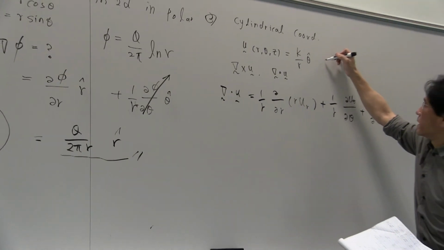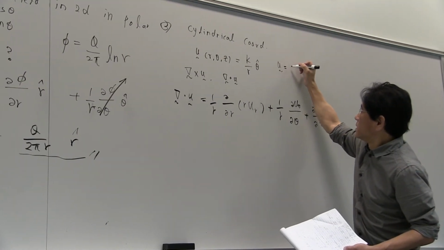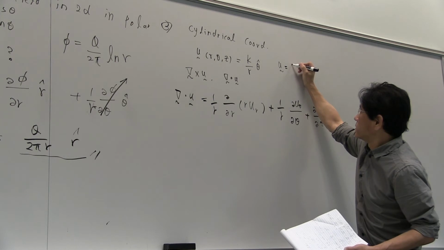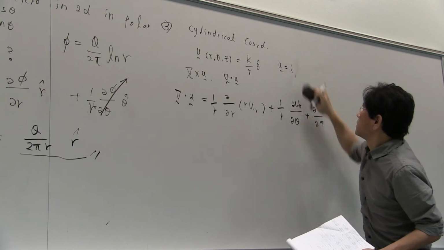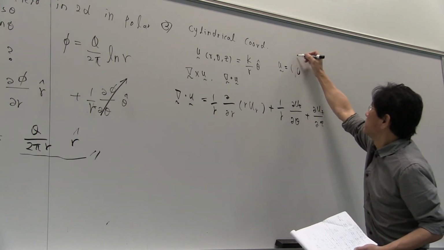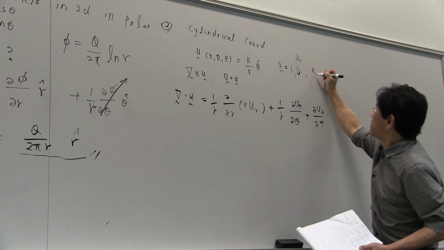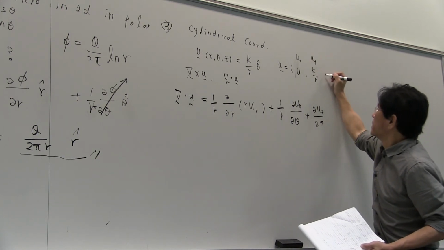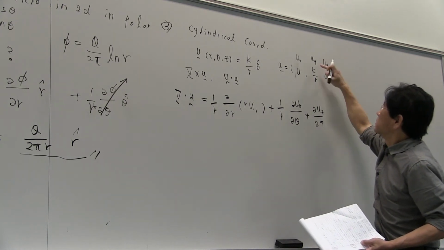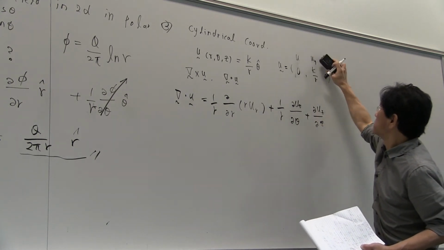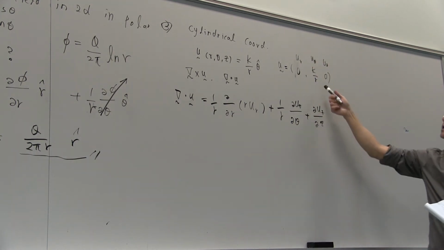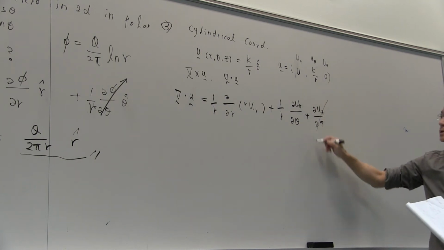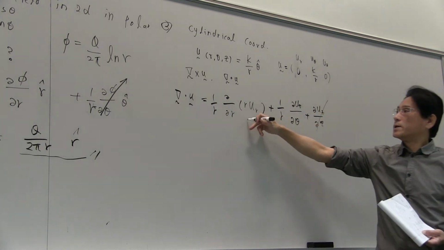So u is k over r in the theta direction, and you only have a u theta component, right? So which means u_z is 0, and u_r is 0 as well.